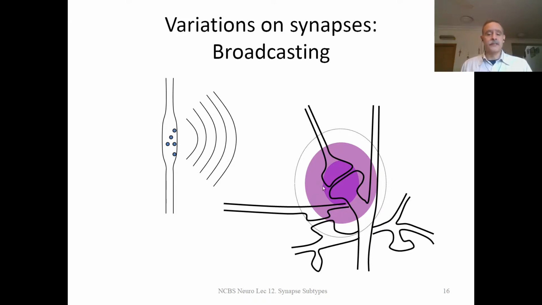Another one is the fact that many synapses trigger the release of compounds which have this remarkable property that they can diffuse right through the cell membrane. Examples of this are arachidonic acid and nitric oxide. So these are interesting molecules because they go right through the cell membrane.